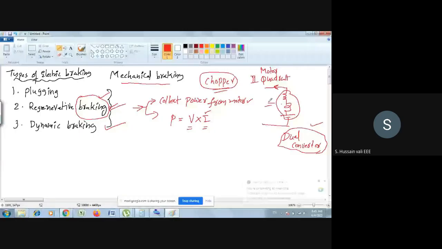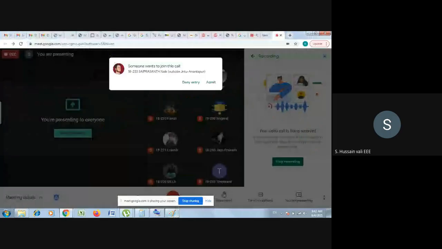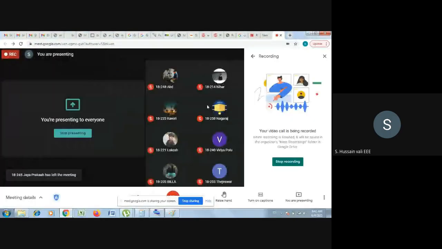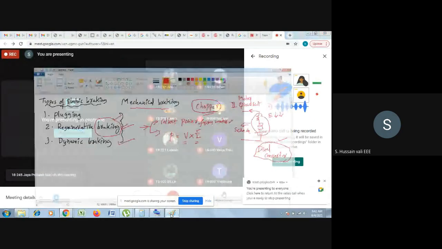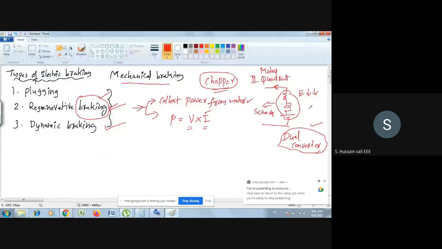When it is giving energy back to the source, the energy here will decrease or come down. In the sense, the kinetic energy of the motor is coming down. When the kinetic energy is coming down, obviously the speed of the motor comes down. That's the braking.